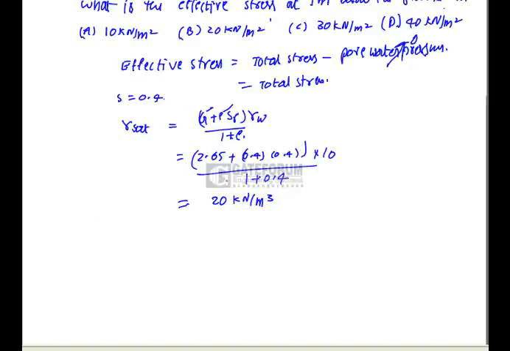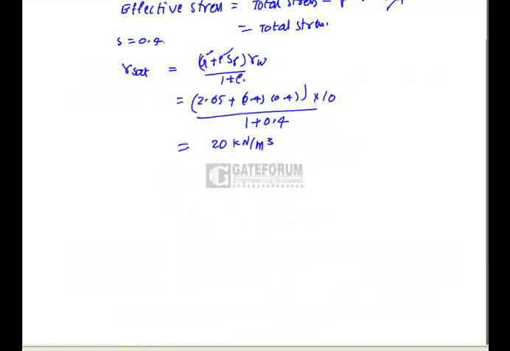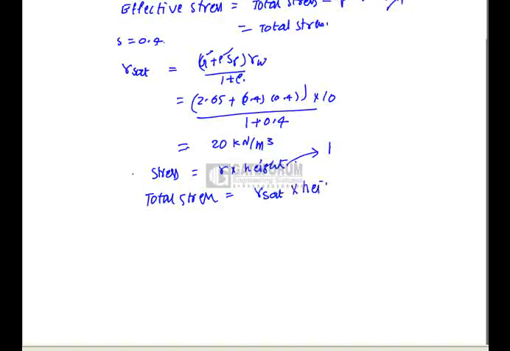We have to find out the stress at this 1 meter below the ground level. Stress is nothing but gamma into height. We have to find out at 1 meter below, so height is equal to 1. So total stress is equal to gamma saturated into height.